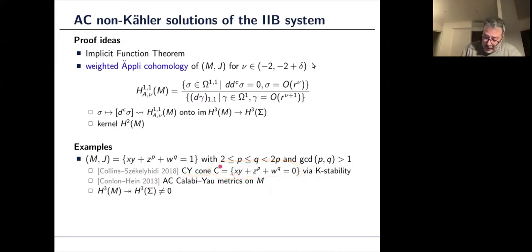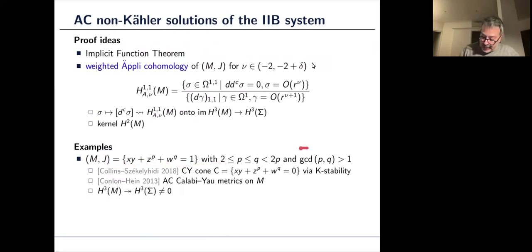The characterization of existence of this Calabi-Yau cone metric in terms of this condition is due to Collins-Székelyhidi. Then the existence of an asymptotically conical Calabi-Yau metric on this affine smoothing follows by work of Conlon and Hein.